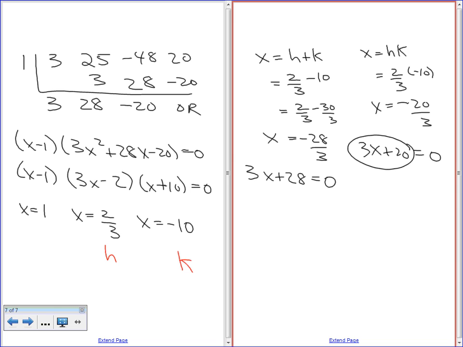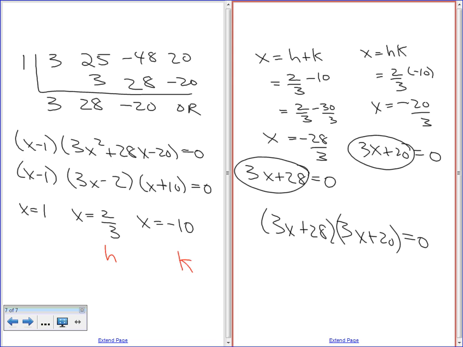So here's my first factor, here's my second factor. To make it into a quadratic, I multiply those two factors. Expanding everything out, you would get 9x squared plus 144x plus 560 is equal to 0.